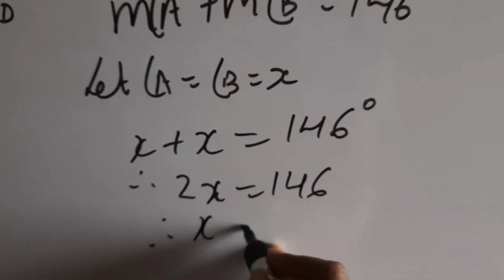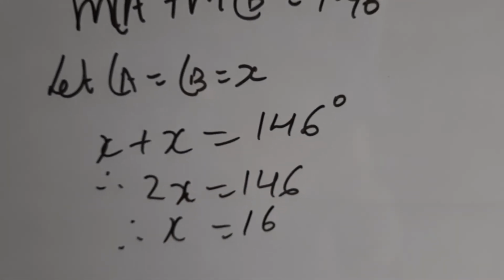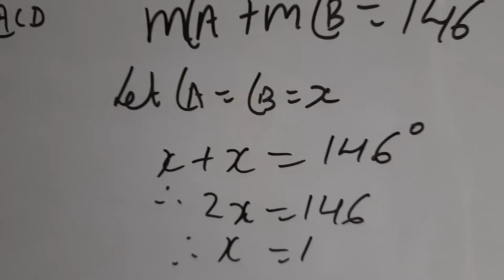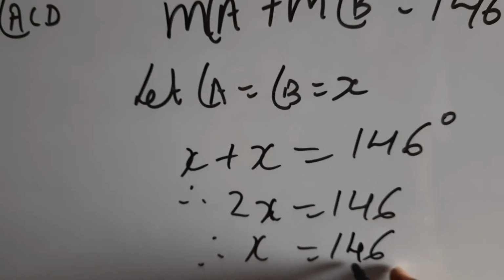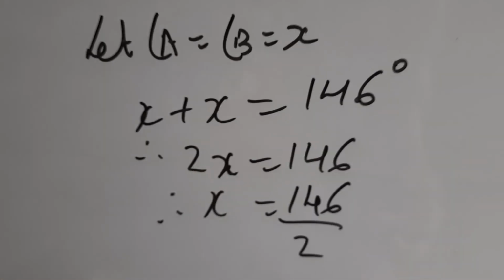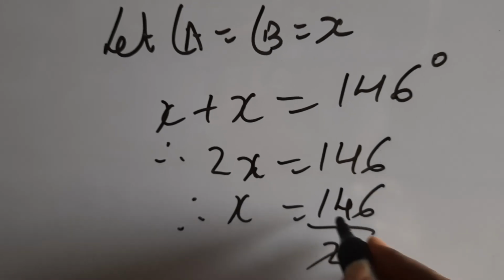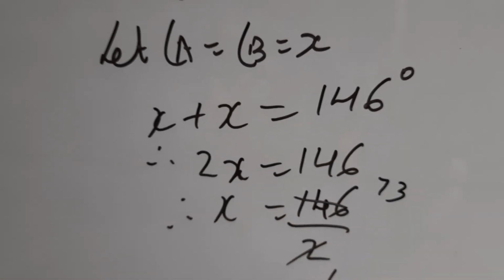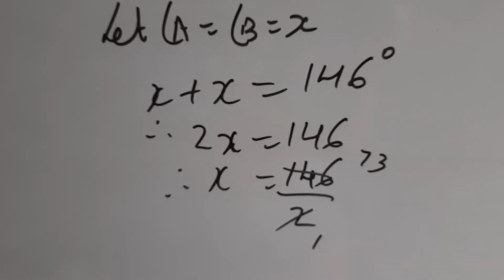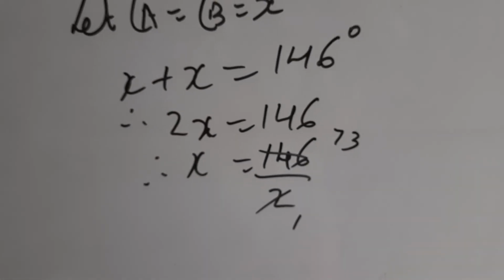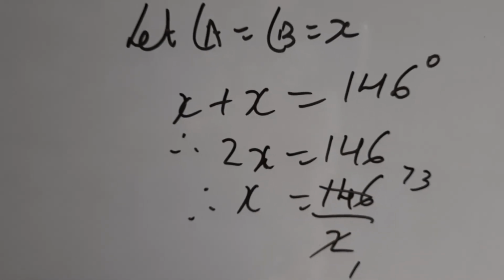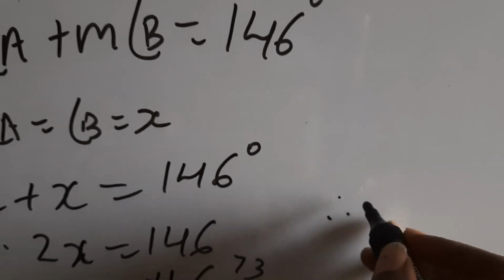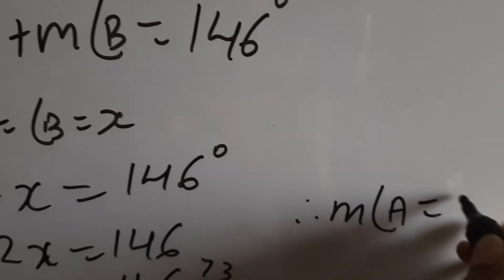Therefore, x is equal to 146 divided by 2. So dividing, 2 ones are 2, 7. 2 sevens are 14, 2 threes are 6. Did you all get that, children? So x we got as 73 degree. That means angle A equal to angle B is equal to 73 degree. Therefore, measure angle A equal to measure angle B.